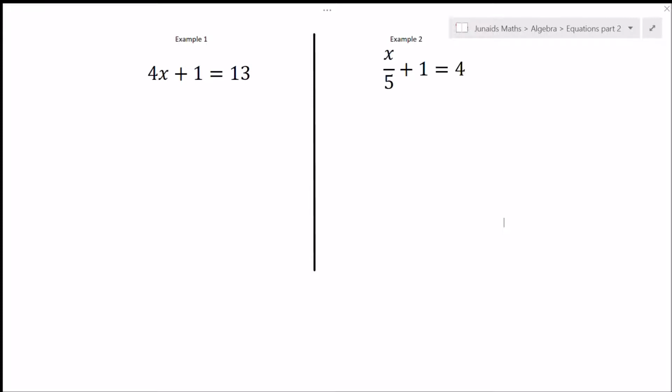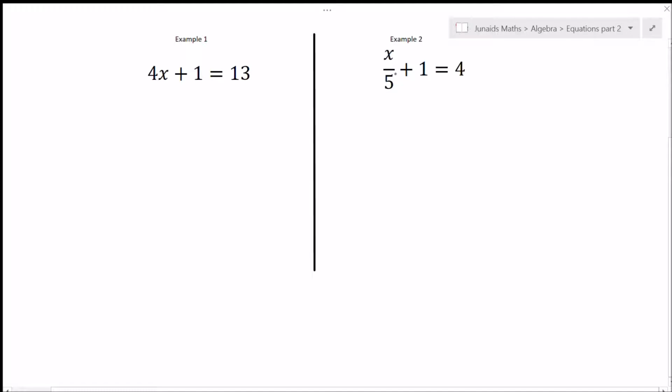Now, in our first example, we don't have a fraction. In our second example, we have a fraction. But in our first example, you see that the 4 is joined with x, which means there is a times sign involved in this example here.